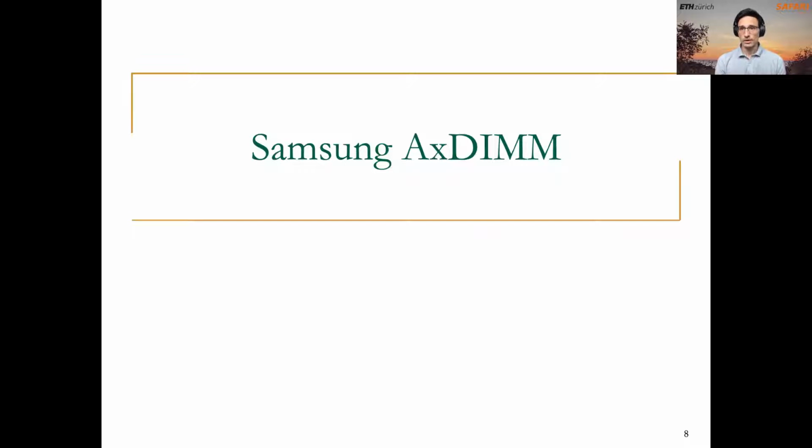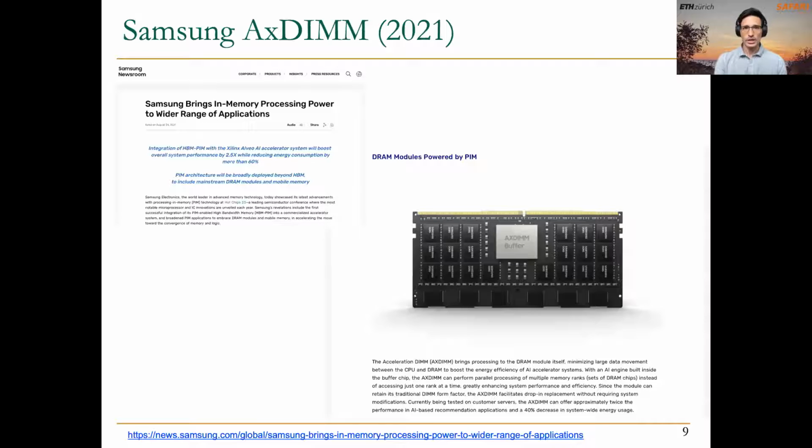Today, we talk about a different type of proposal. This one is also from Samsung, and it's based on DIMMs. So the DRAM DIMMs are extended with some sort of processing engine. This architecture was also announced last year in August 2021, and as you can see, it proposes to place a processing engine, called an AI engine in the announcement, inside the buffer chip of the DRAM DIMMs.